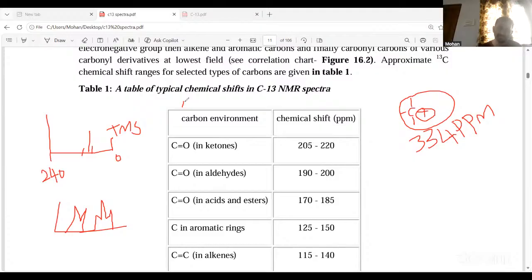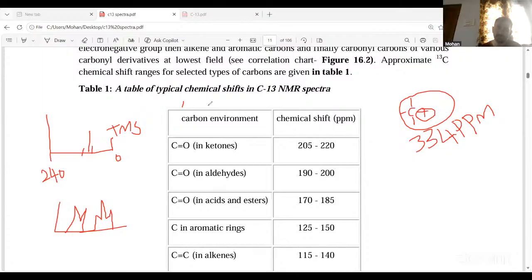There are no CH couplings, so the number of carbons equals the number of signals, one line each. In the OFD spectra, you can see the coupling between hydrogens. If there are two hydrogens attached to that particular carbon, you get n plus 1, where n equals the number of hydrogens attached to that carbon.